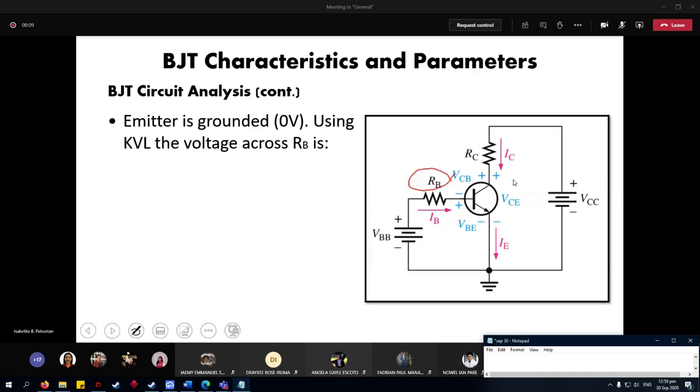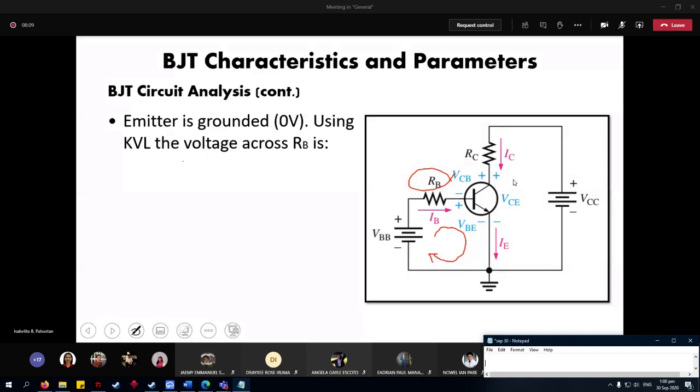Ito. So, dapat muna, alamin muna natin yung mga polarity ng voltages before we can write the voltage equation or the loop equation, na. So, here, ganito yung current natin, yung loop current. I'll just draw it here so that you can follow. So that is our loop current.